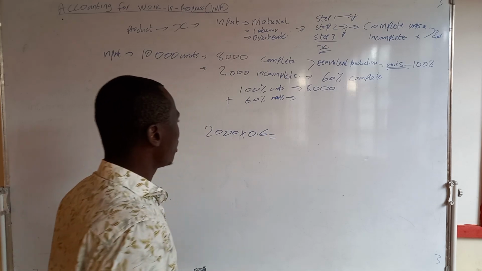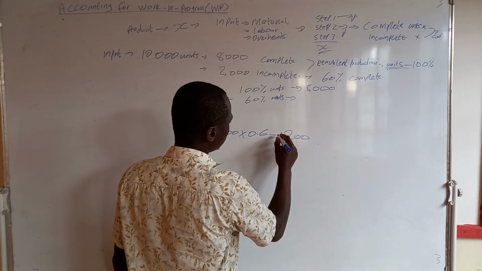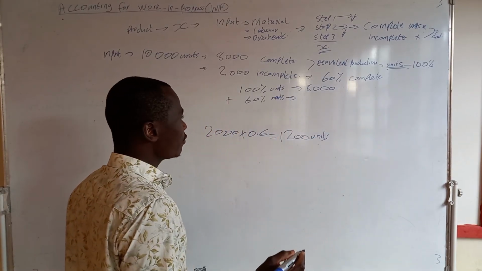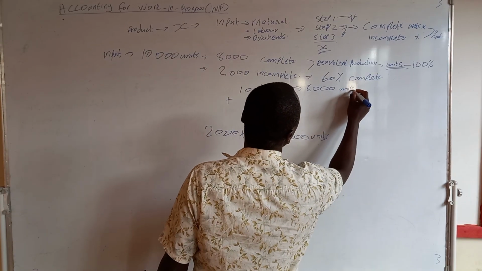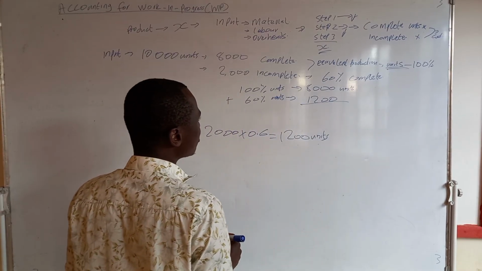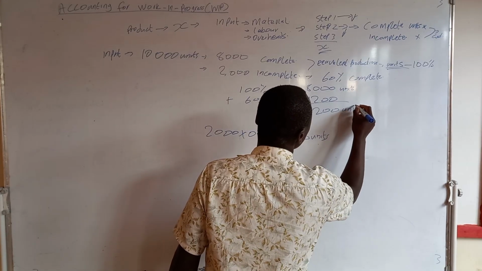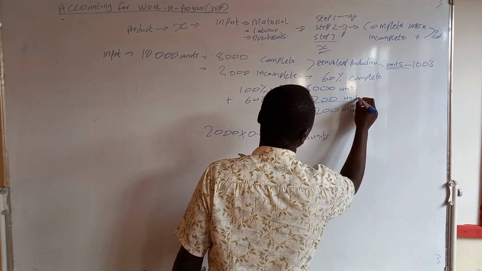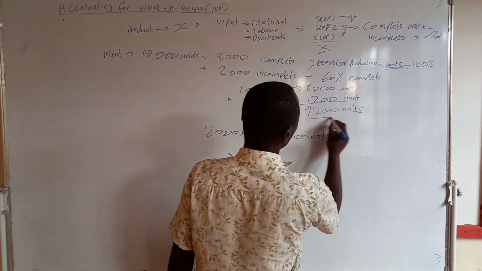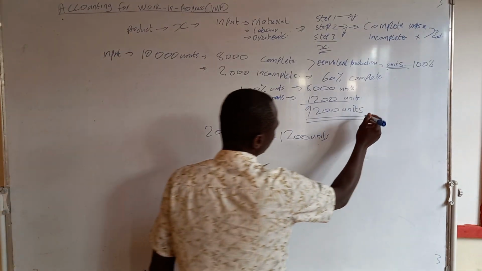This gives you 1,200 units. So at the end of the period, we will have 1,200 plus 8,000, that will give you 9,200 units. That is what we are going to be accounting for, 9,200 in terms of output.